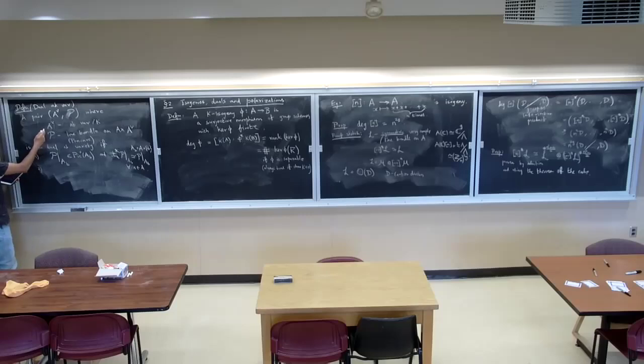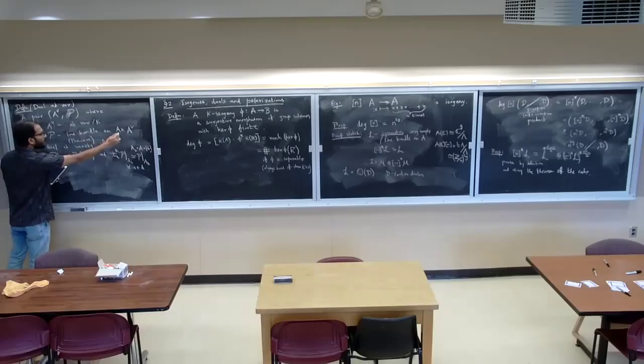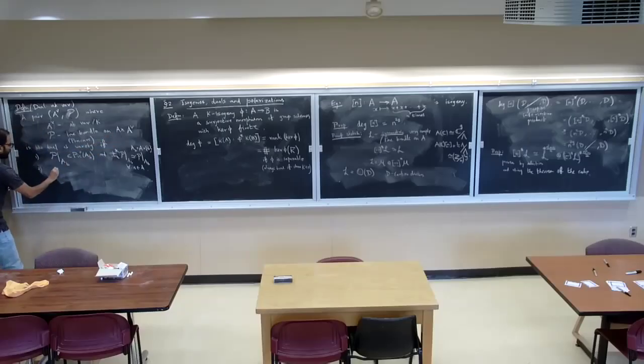If you pick the 0 point here, and if you restrict your line bundle to 0 cross A dual, you should get the trivial line bundle.